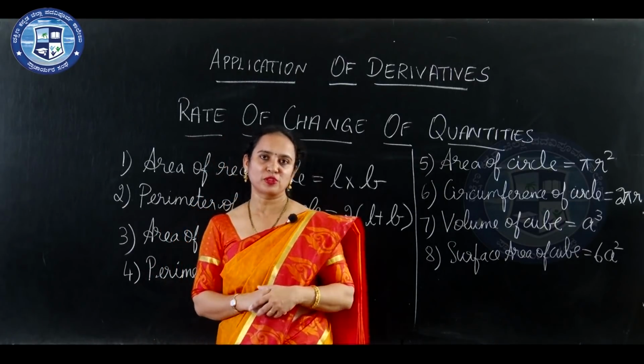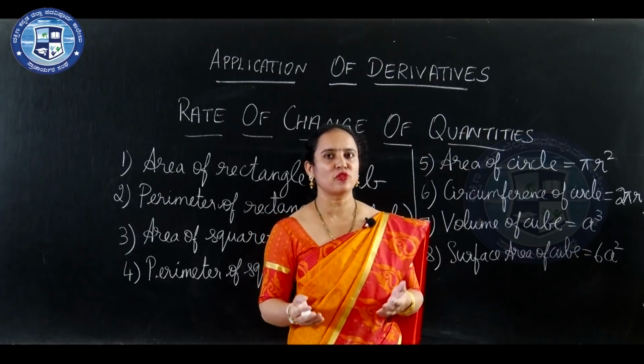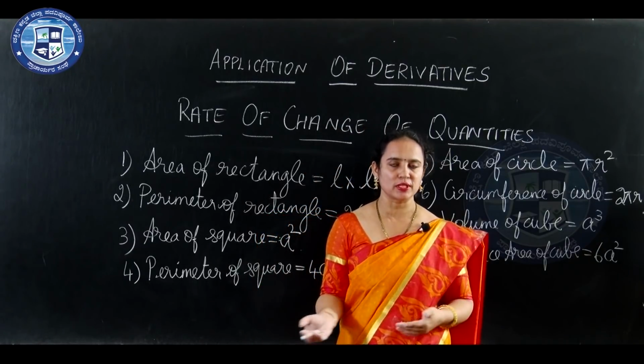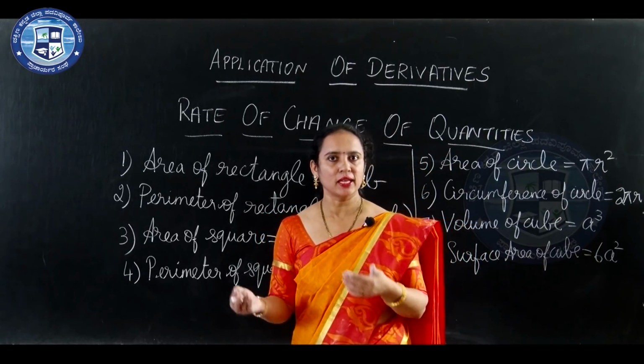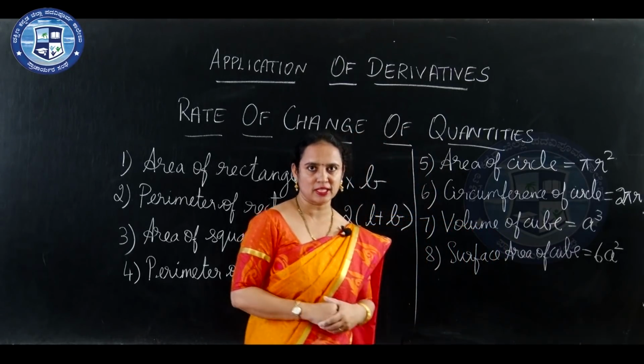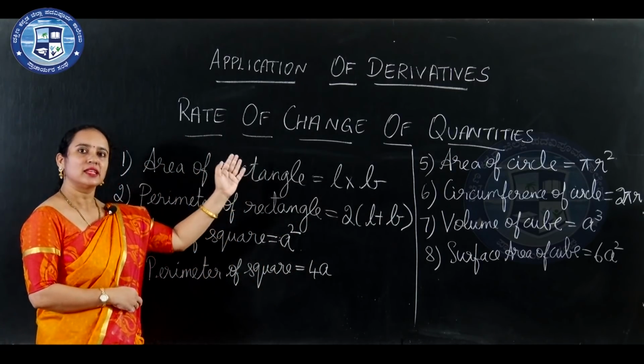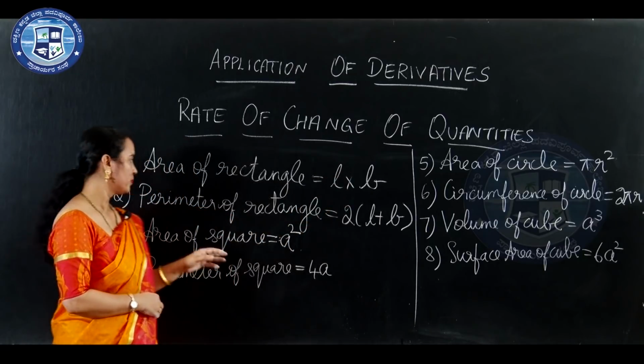Now, let us move on to the problems. Before we start the problems, let us recall a few formulas that we will be applying in the problems, which we have studied in our previous classes. Area of rectangle is length into breadth.